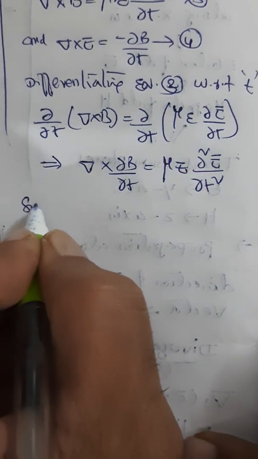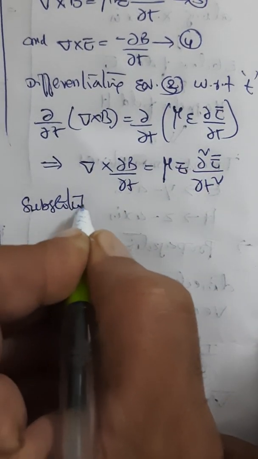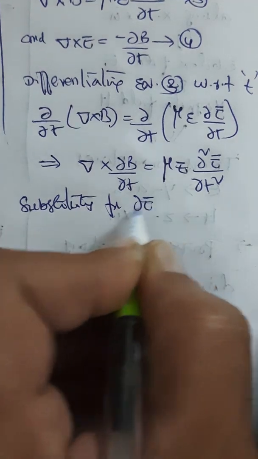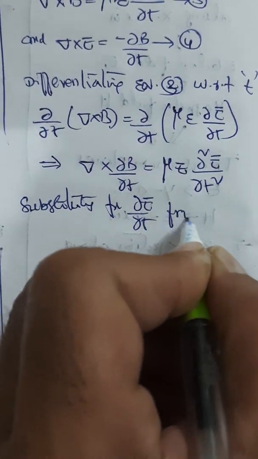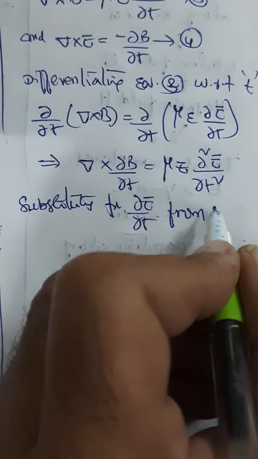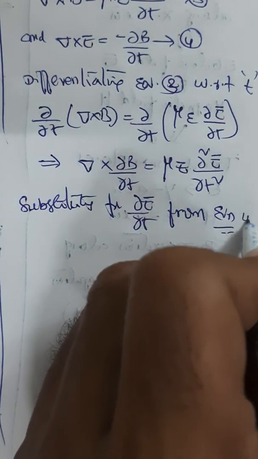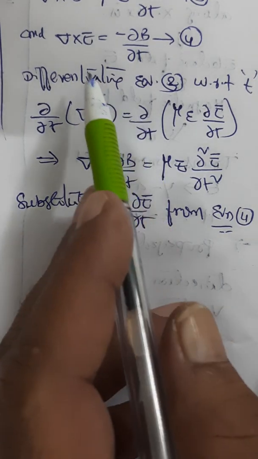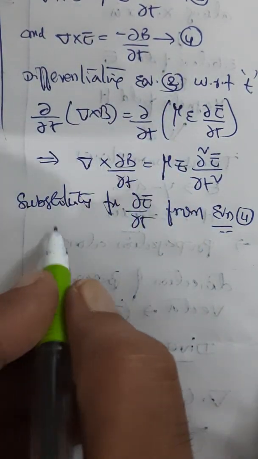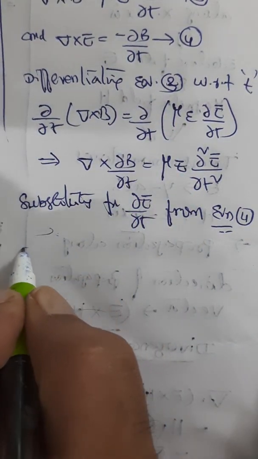So substituting for dou E by dou T from equation 4, what we will get?